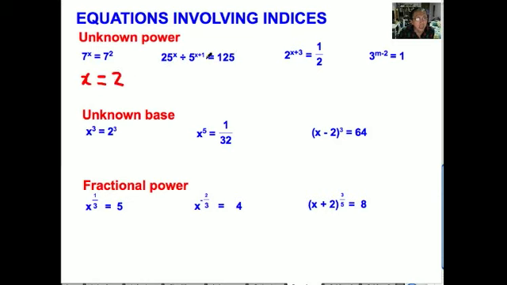In the second example, we do not have a common base. Thus, we have to express them all to base 5, that is 5 to the power of 2, which is 25, divided by 5 to the power of x plus 1 equals to 5 to the power of 3.